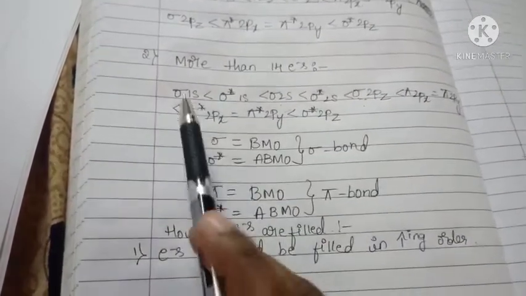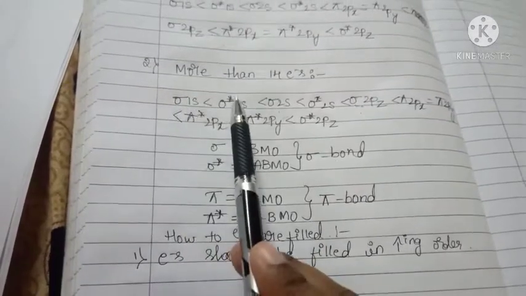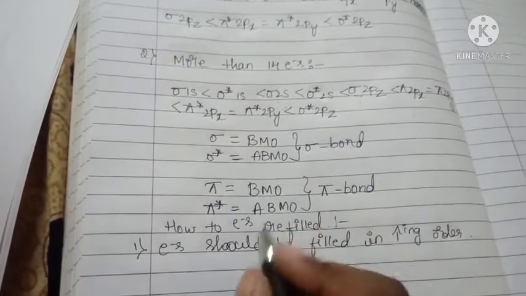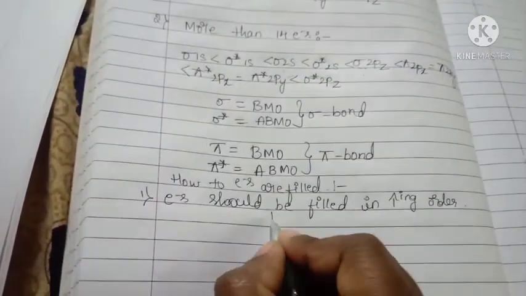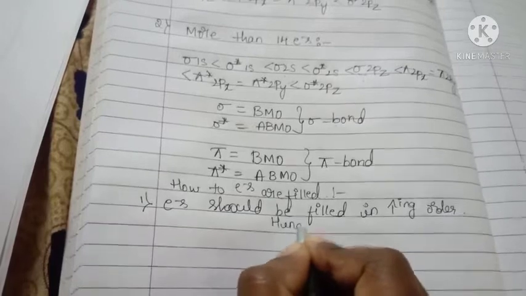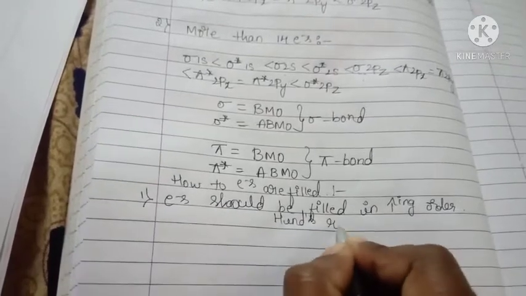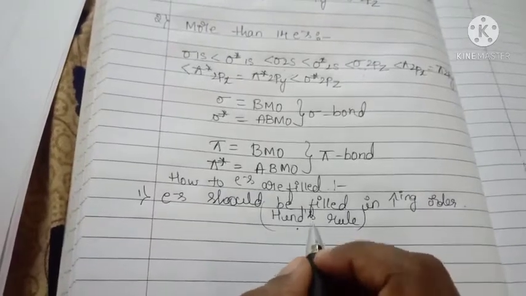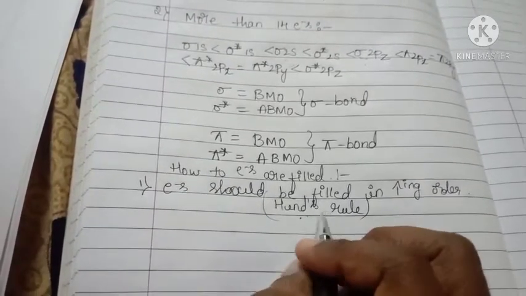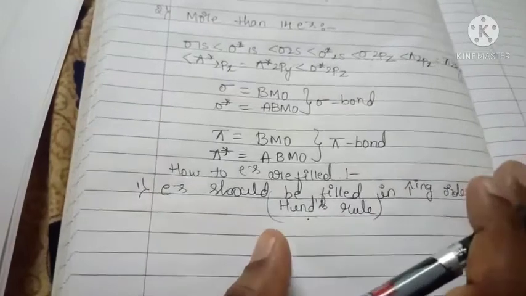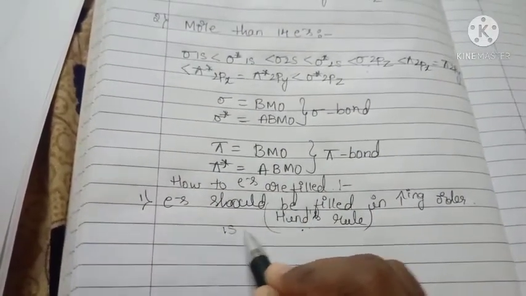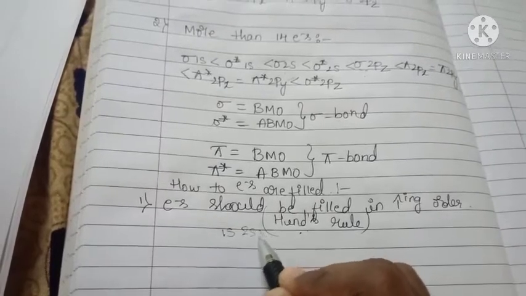It means we are filling first sigma 1s and sigma star 1s, and sigma 2s and sigma star 2s, like that. It should be applicable in Hund's rule of maximum multiplicity. Hund's rule also explains that the electrons should be filled in increasing order of energy level. We are writing an electronic configuration first 1s and then 2s and then 3s.